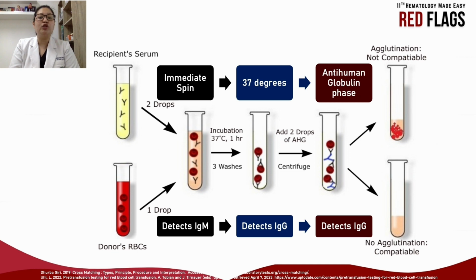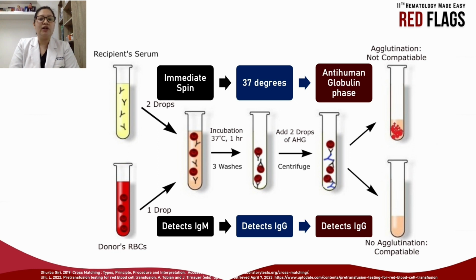Hemolysis or agglutination of the donor cells is indicative of an antibody in the recipient serum that is directed against an antigen on the donor cells, hence an incompatible crossmatch. In that case, the donor unit is deemed incompatible for transfusion, and further investigations are undertaken to identify the antibody responsible for the reaction.